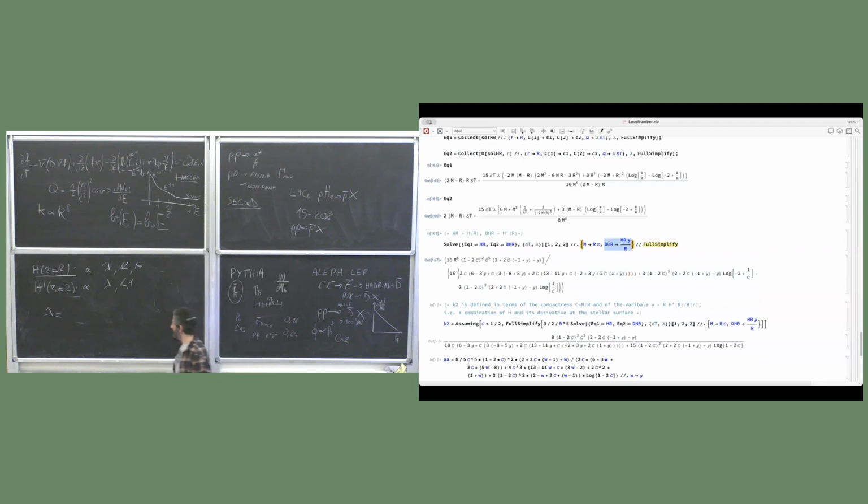And this y, so what I'm saying is you can just use the two equations that we found. You can solve for the common factor that is inside them, which is lambda, just algebraically.